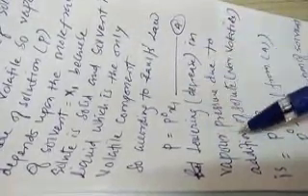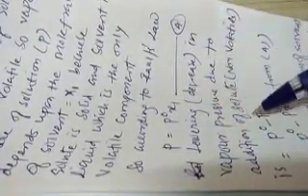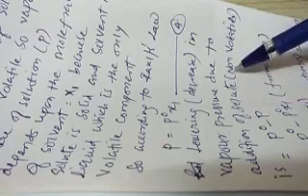Lowering or decrease in the vapor pressure due to adding of solute, which is non-volatile, is written as P0 minus P. We know that P is equal to P0 X1. So by putting the value, P0 minus P0 X1, if we take P0 common, finally we get P0 into the bracket 1 minus X1. Here X1 is the mole fraction of solvent.